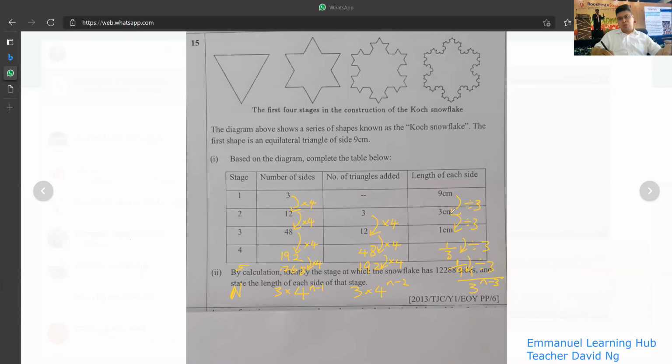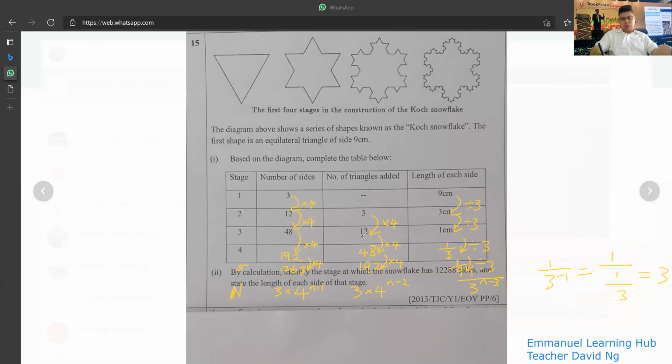So I need to do stage 2 testing. n is 2. 2 minus 3 will give me minus 1. 3 to the power of minus 1 is 1/3. So 1 divided by 1/3 is actually 3. So it's correct. The vaccine will pass stage 2 testing.